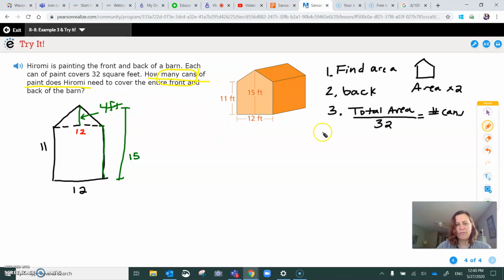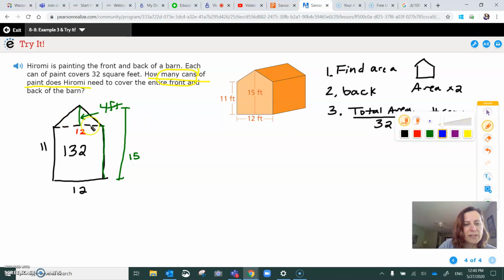So let's find the area of both parts. So the inside portion first, the big rectangle first. I know that the area of this section is 11 times 12, and I know that 11 times 12 is 132. So this is 132 square feet. And then the triangle up top, I know the formula for the area of the triangle is base times height divided by 2.